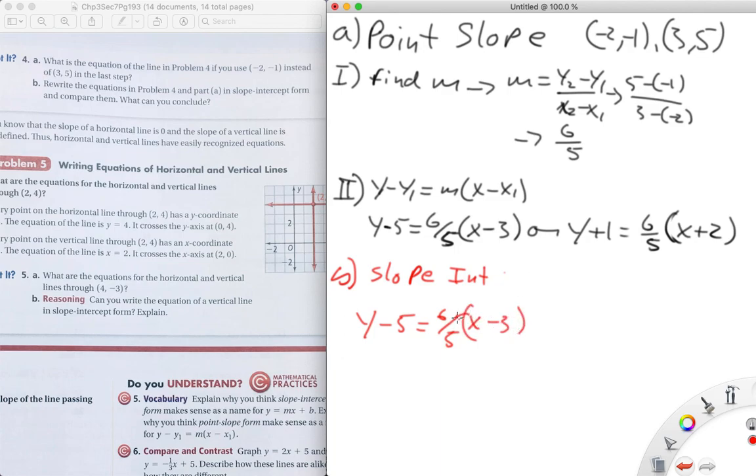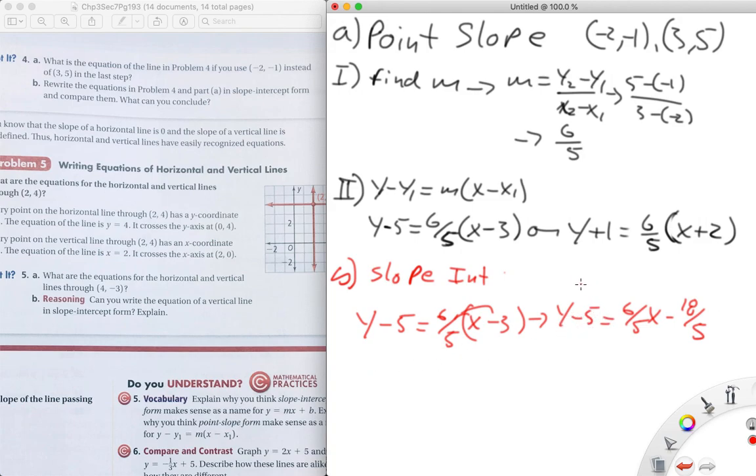First thing I'm going to do is use the distributive property and expand that out. And I get y minus 5 equals 6 fifths x minus 18 fifths. And then I'm going to add 5 to both sides.